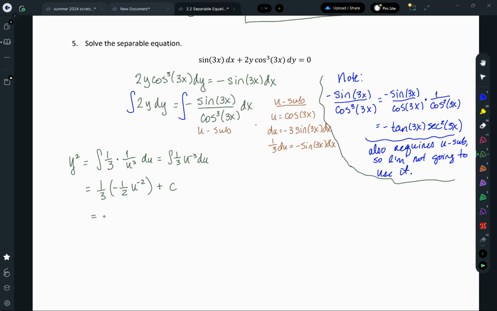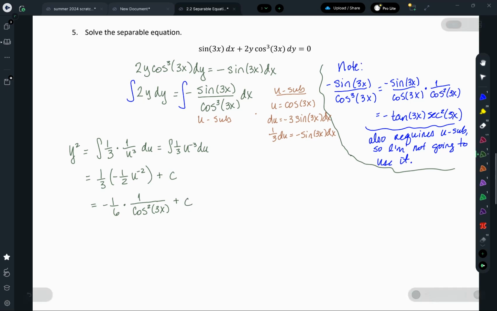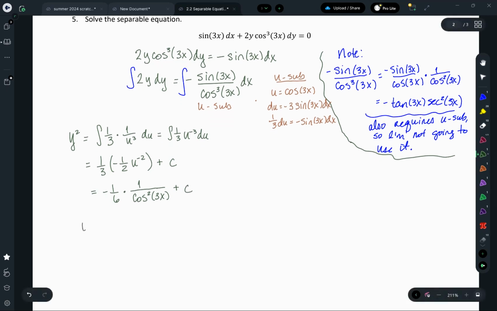This is going to be a negative 1/6 times, and then u to the minus 2, I'll write it as 1 over, I'll replace my u with my cosine, that's squared, of 3x, and then a plus c. Okay, one more rewrite and I'm done. Y squared is equal to a negative 1/6 secant squared of 3x plus c.